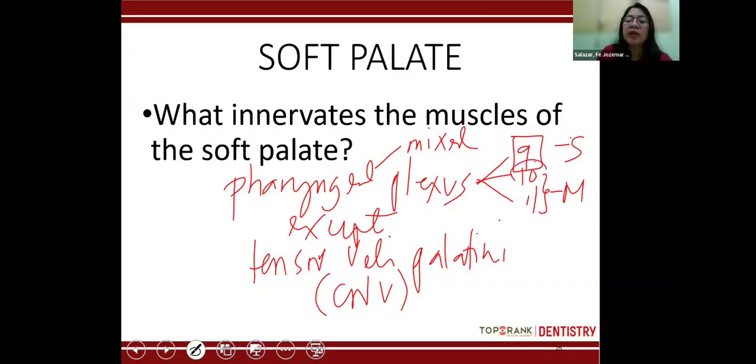So for motor innervation, that's cranial nerve number 10 or the vagus nerve. Kung sensory, syempre 9. Kunwari, sensory innervation to your palatopharyngeus, pag sensory, 9 naman yun. Pero pag motor, causing it to contract, that's your vagus nerve.